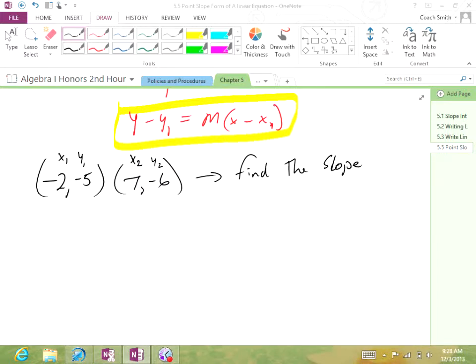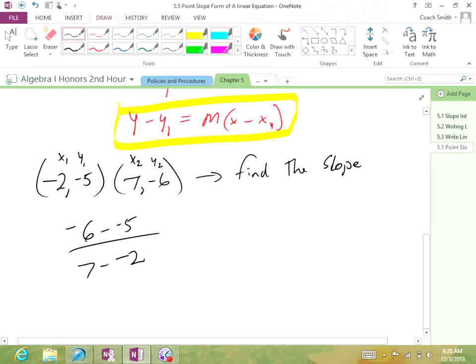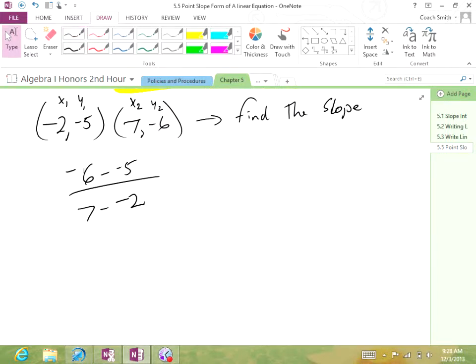So the slope is 6 minus negative 5 over 7 minus negative 2. Oh, it is negative, thank you. And so what do you get? Negative 1 over 9, I mean 11 over 9 as computed. So that's equal to your slope.